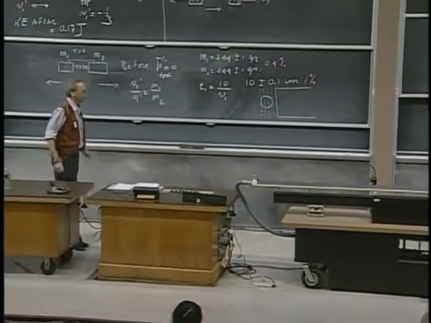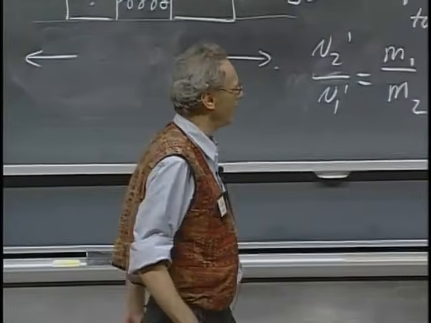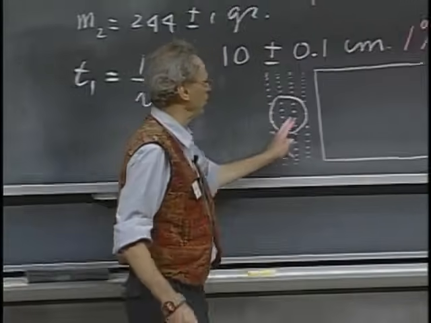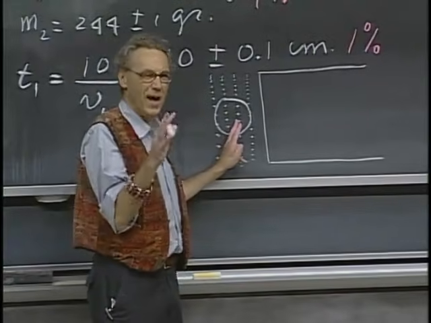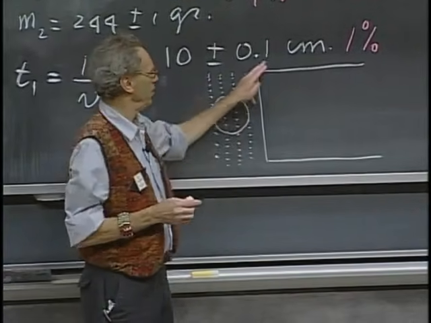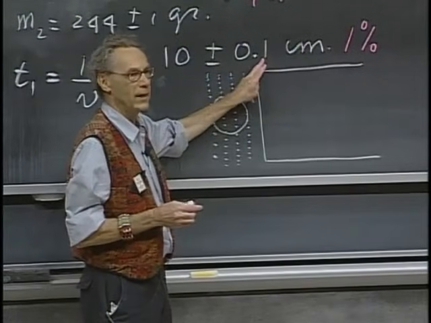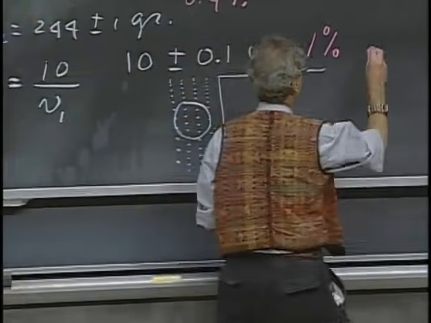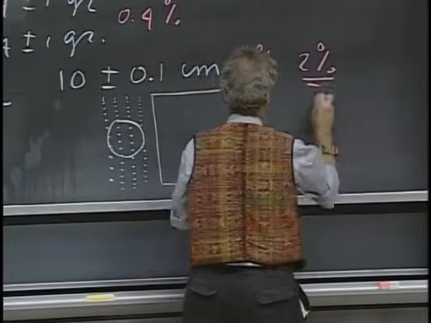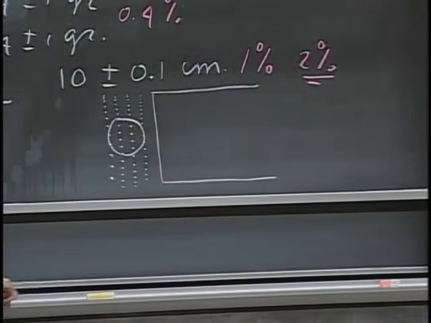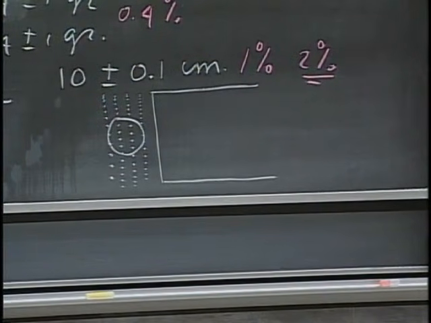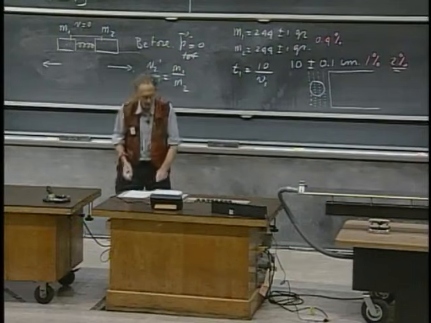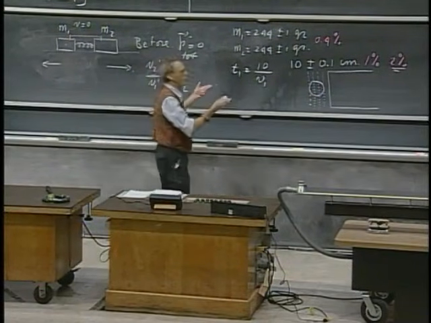So I would roughly guess, I'm always on the conservative side, that this may add an uncertainty in the criterion of the diode of another millimeter. And so effectively, I really don't know any better than 2 millimeters what the 10 centimeters is. So I would say we really have to allow here for 2% plus 0.4%. So I would predict that the times of these two cars will be the same to within roughly 5%.